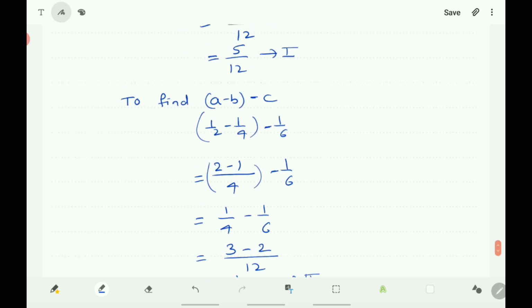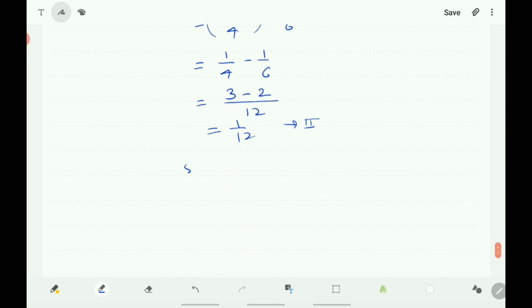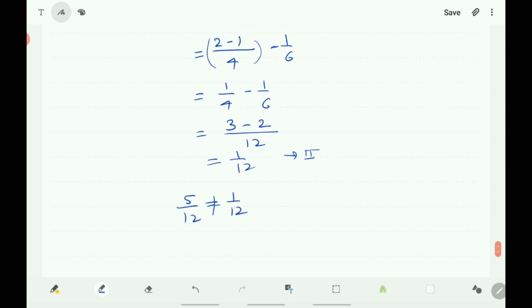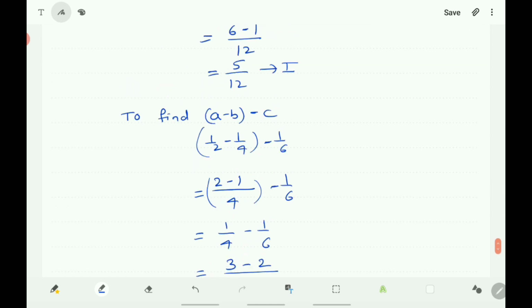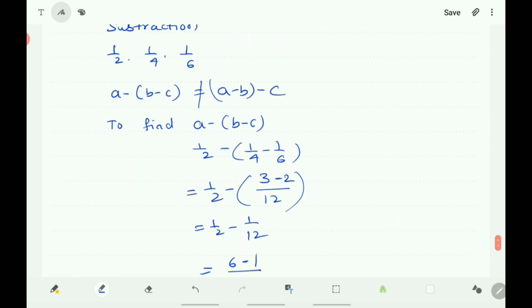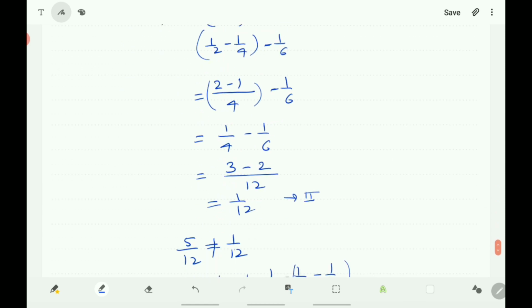And you know that 5 by 12 is not equals to 1 by 12. Therefore, you can say that 1 by 2 minus 1 by 4 minus 1 by 6 is not equals to 1 by 2 minus 1 by 4 minus 1 by 6. Means A minus B minus C is not equals to A minus B minus C. So what you can conclude here?